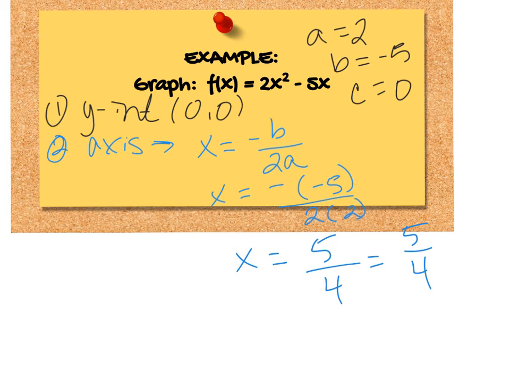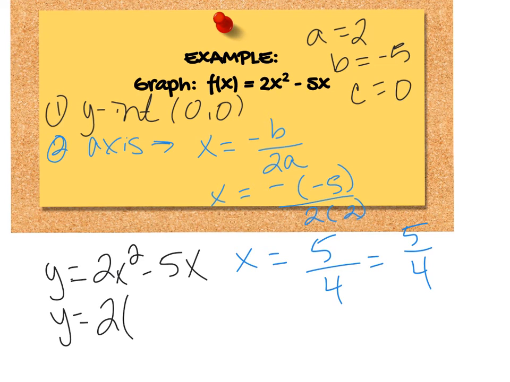So y equals 2x squared minus 5x. So y equals 2 times x, which is 5/4.